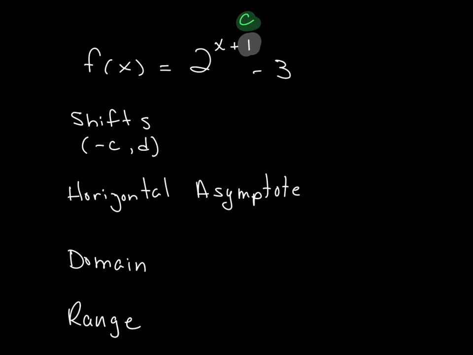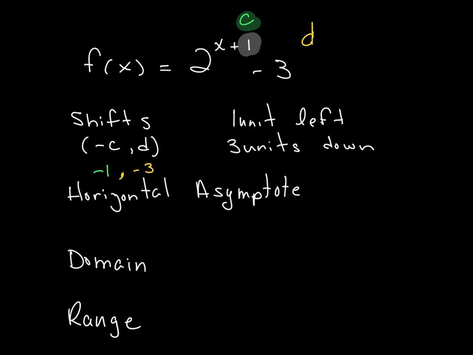So that's going to be -1. And for d, that goes in the same direction, so that's going to be -3. So that tells me for the shifts, what I have is 1 unit to the left and 3 units down.